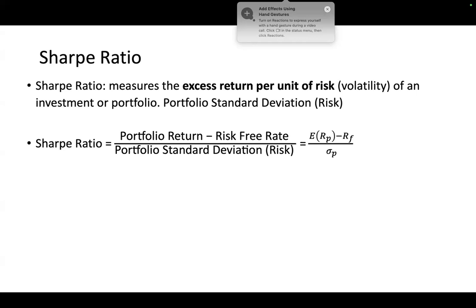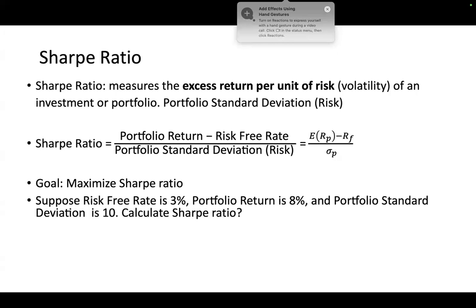The risk-free rate is usually 3%, 4%, divided by sigma. It means if I'm bearing one more unit of risk, how much would I be compensated for that extra risk that I'm tolerating? So the goal in many investment projects is to just maximize the Sharpe ratio.